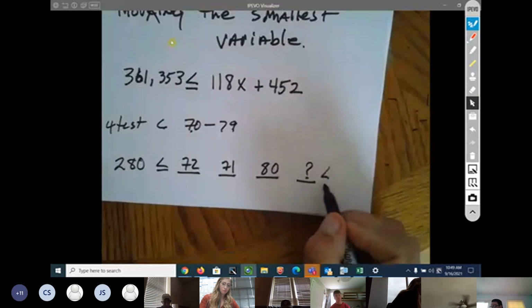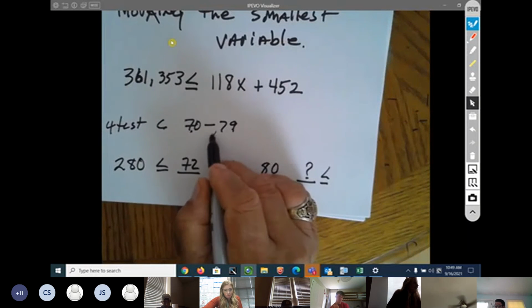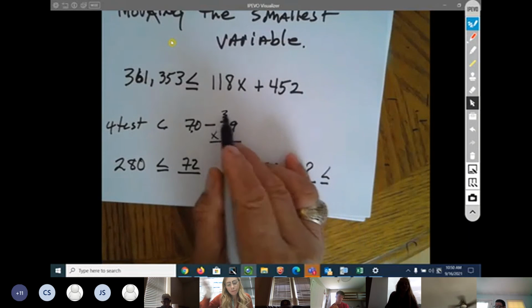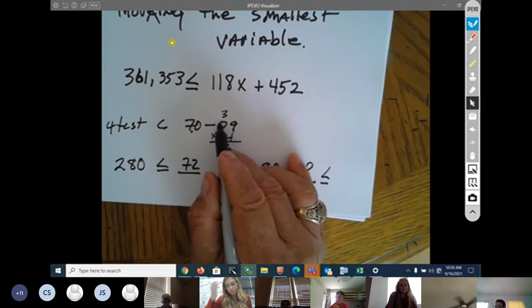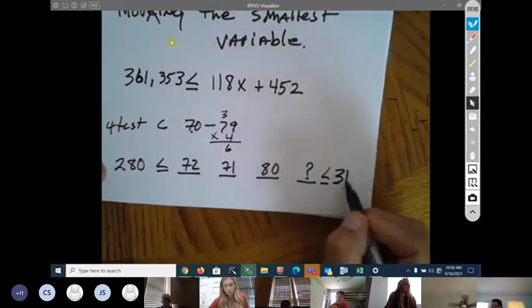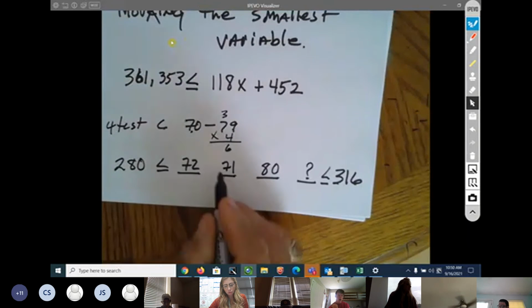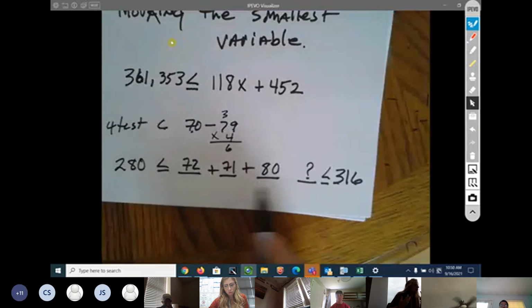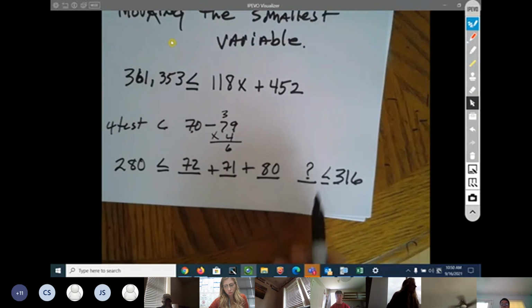It is less than or equal to 79 times 4, which is 316. And that's how you would solve that. So it's set up as an inequality like that.